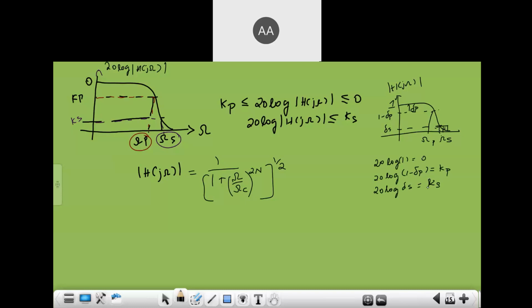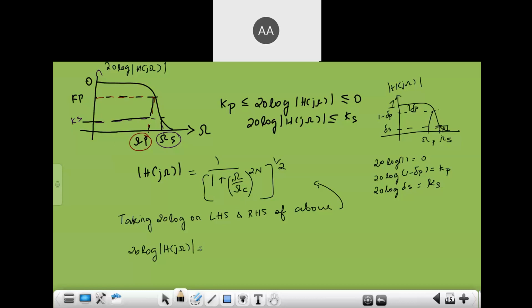So this is what in dB we want to write. We wrote it like this. So the magnitude of the filter is given by this one, by H(j omega). What we'll do is, we will take 20 log on both the sides, on LHS and RHS of this equation. So what happens? This becomes 20 log of mod of H(j omega).